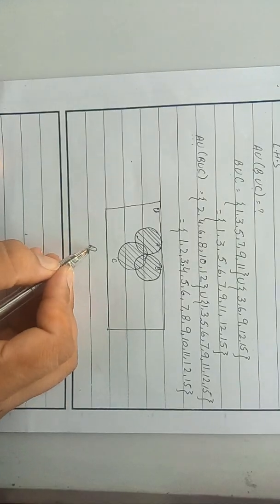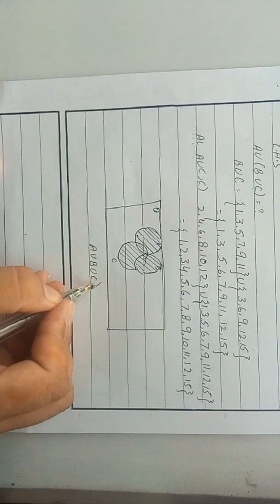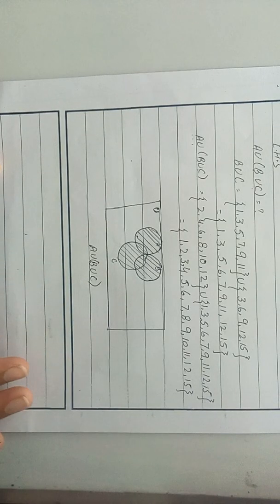This is the Venn diagram of A union (B union C).